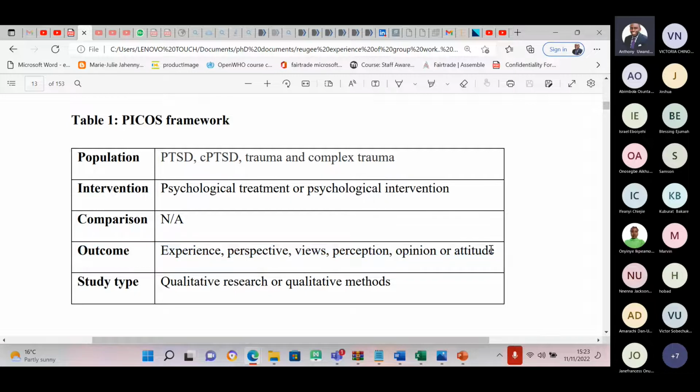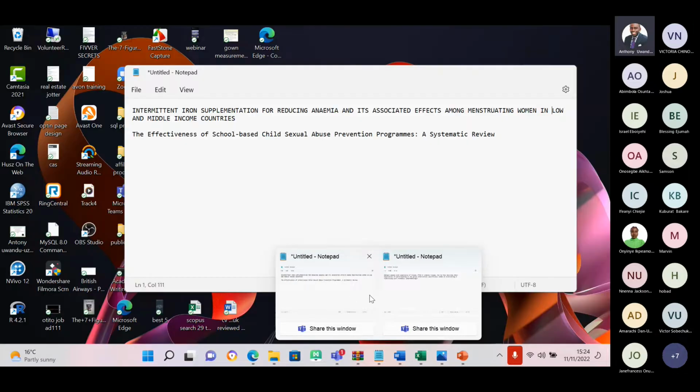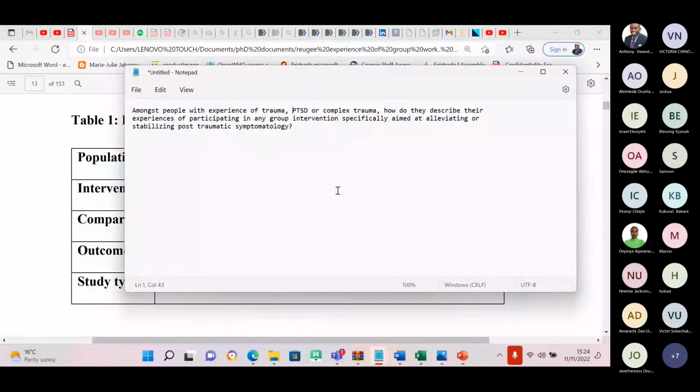These are important keywords that you can even use for your search when you are doing something around experience. I can see good and nice keywords there. Make sure you state your framework. It's very important.